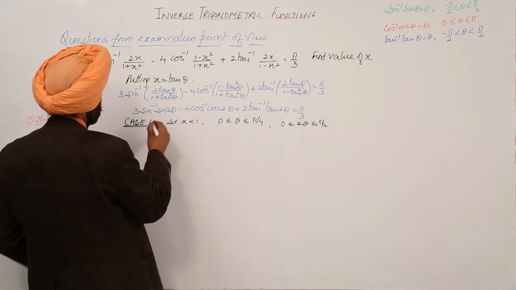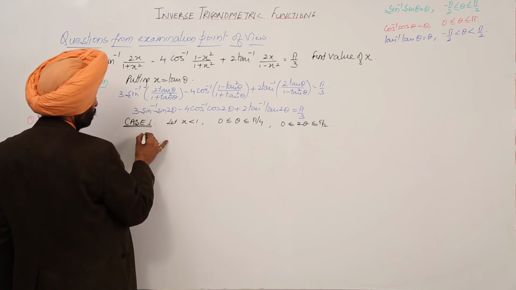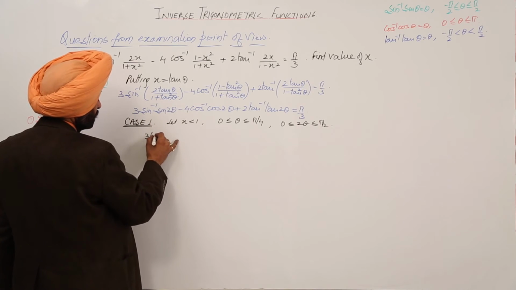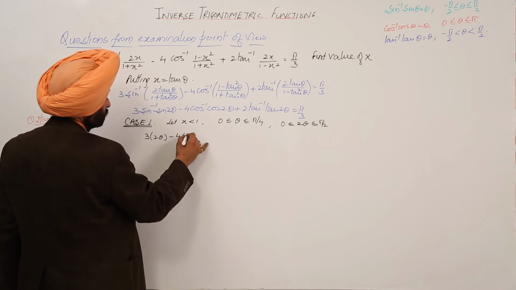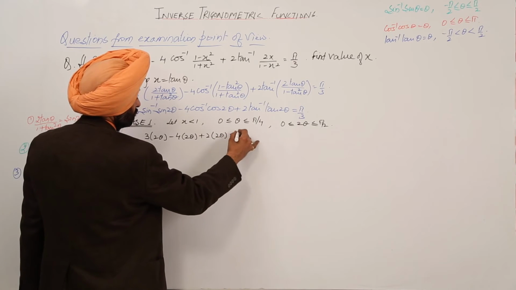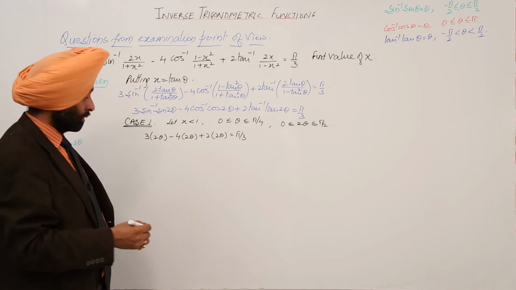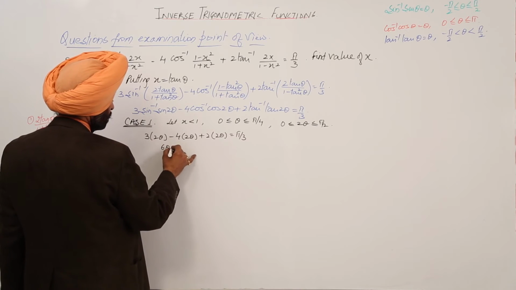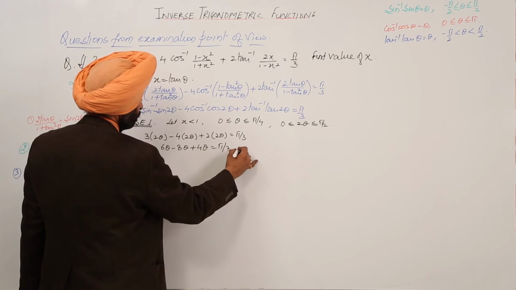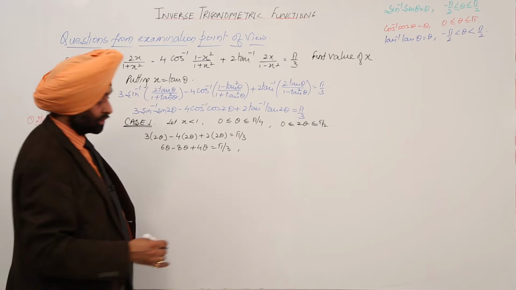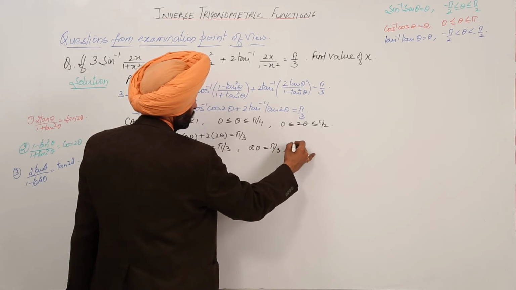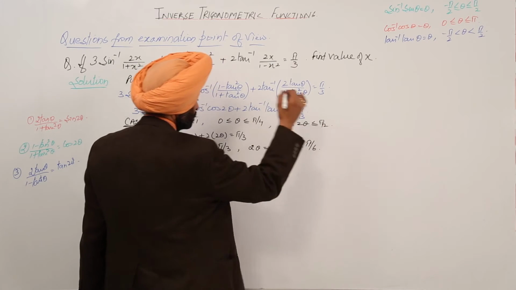Okay, so now solving this part, we have 3 times 2 theta minus 4 times 2 theta plus 2 times 2 theta is equal to pi by 3. So it is 6 theta minus 8 theta plus 4 theta is equal to pi by 3, that is 2 theta is equal to pi by 3, and theta is equal to pi by 6.